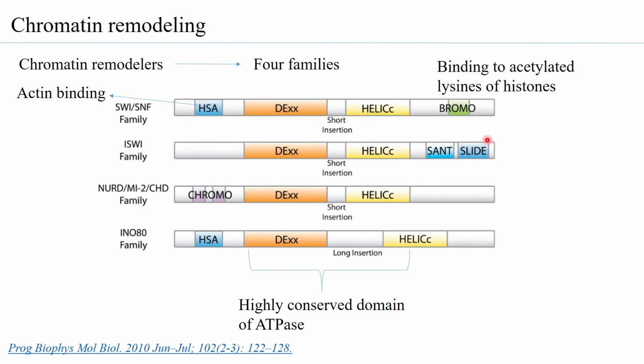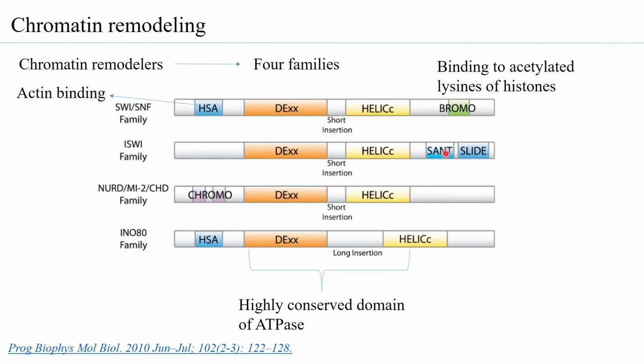You can already see that the ATPase subunit of the chromatin remodelers can read a histone code. So they can bind to acetylated lysines of histones. This is one example that very clearly shows that chromatin remodelers come and bind to the nucleosome core particle depending on the histone code on the nucleosome histone tails.